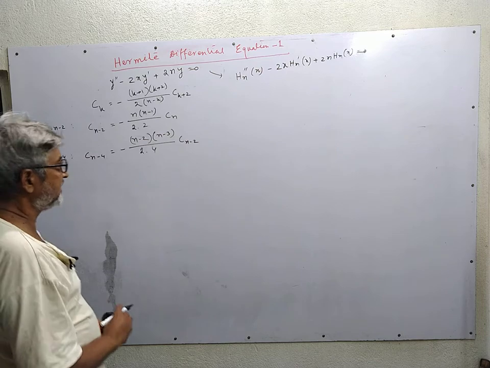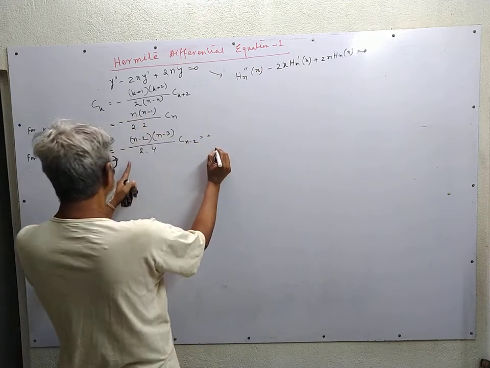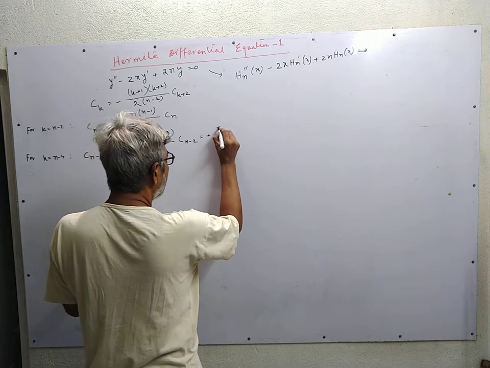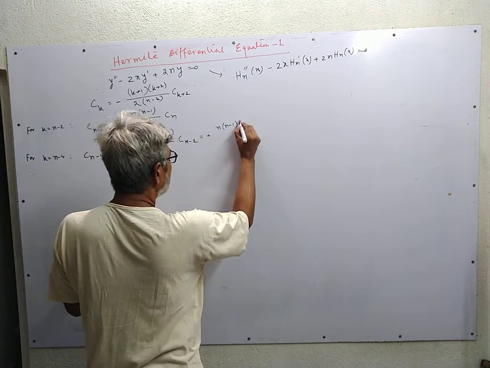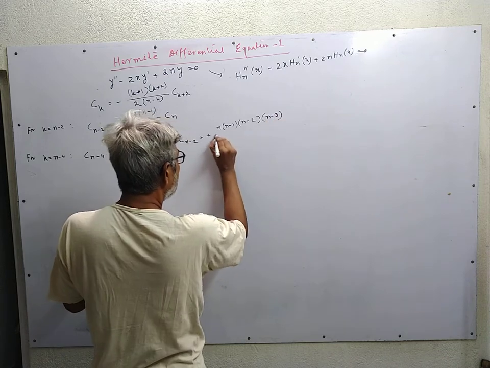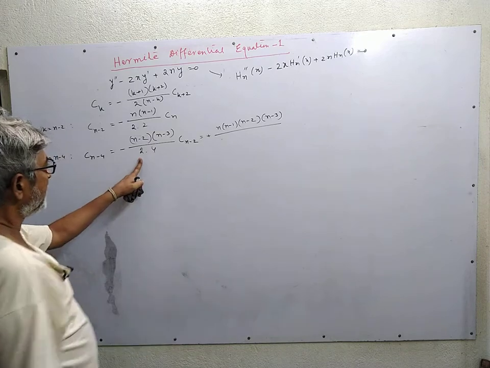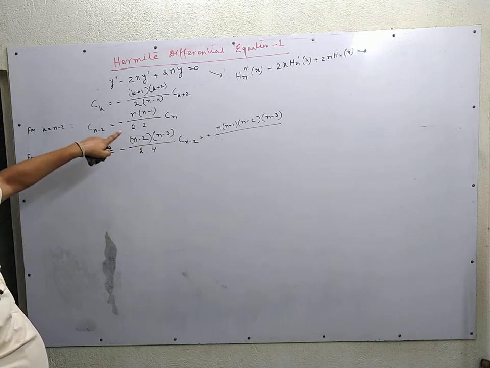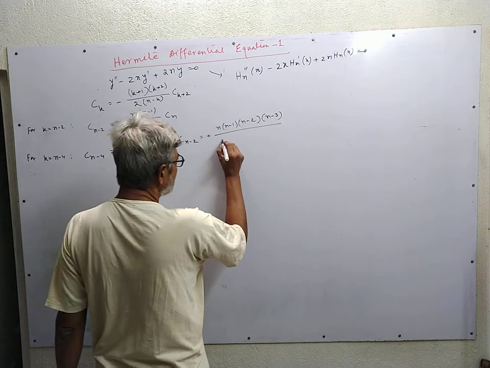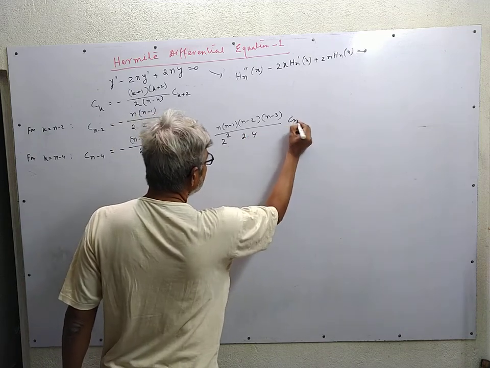We replace C n minus 2 in terms of Cn, so this sign is plus, and you will have n into n minus 1, n minus 2 and minus 3. In the denominator we have 2 from here and another 2 from here, so this is 2 square times 2 into 4 Cn.